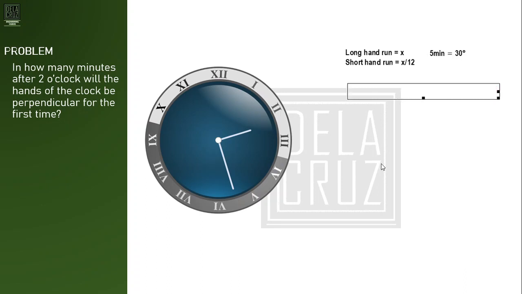Ayan. So, ito lang yung tatandaan natin. Or if nauna yung ating short hand, then that would be short hand minus long hand is equal to the angle between them. Yan. Yan lang yung tatandaan natin.